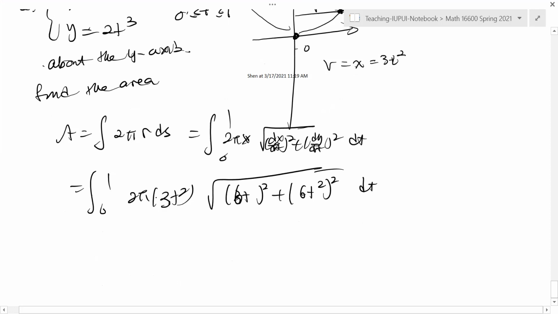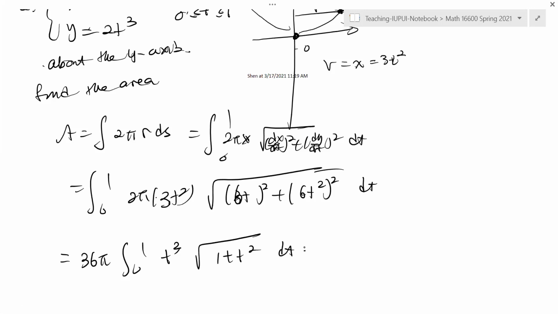So actually you can take the 6 out, right? So you have 6 out, so 36 pi from 0 to 1 of t squared, and then the square root of t squared plus t to the fourth, which is t times the square root of 1 plus t squared, dt. All right, so the question is, what is the best way to solve the problem? Integrate. Think about it.